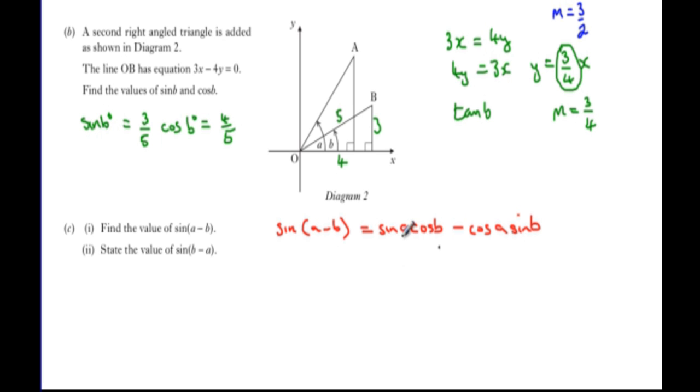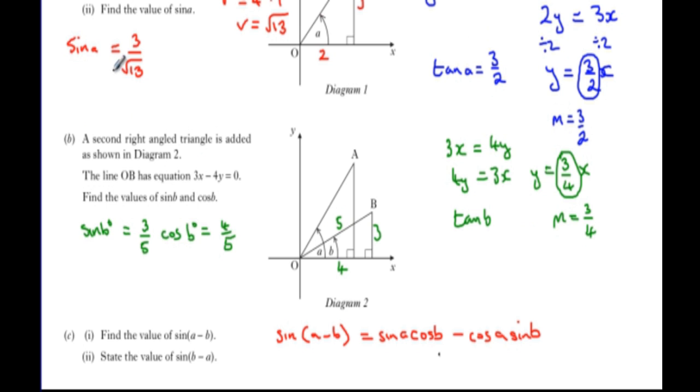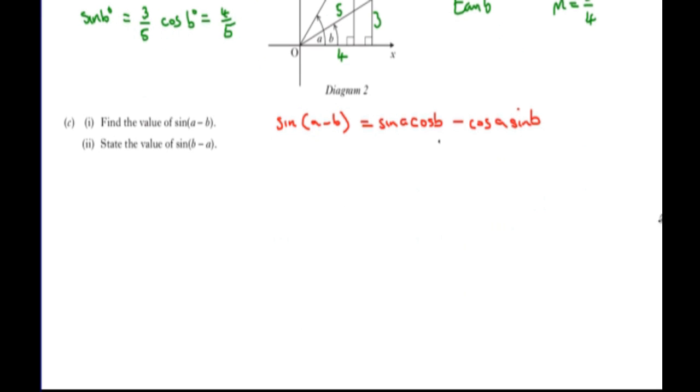From part A we know that sine A is given by 3 over root 13. We'll also need to know what cos A is. So working out cos A from this triangle, cos A will be 2 over root 13. So we can then come back here and fill in each of these.